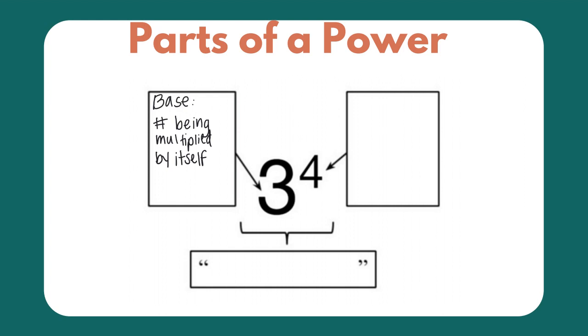The other important part of a power is the exponent. And in the example that we have here, our exponent is 4. And this tells us how many times we will multiply our base by itself.